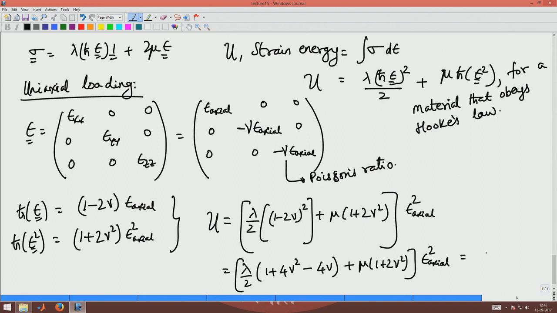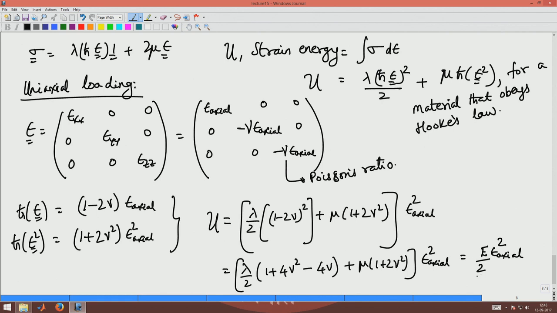Now, this I can rewrite as E by 2 epsilon axial squared, where I substitute for lambda and mu the expressions involving Young's modulus and Poisson's ratio, and I will simplify this equation to get Young's modulus times epsilon axial squared by 2.